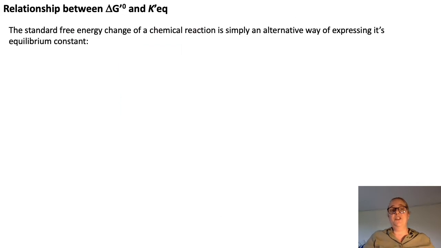So there's a relationship between delta G and the equilibrium constant. The standard free energy change of a chemical reaction is simply an alternative way of expressing its equilibrium constant.